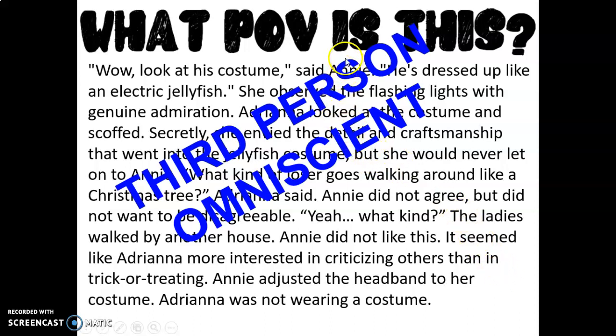We have Annie giving us her opinion and her feelings, but we also have Adriana giving us her opinion and her feelings. So we have third person. We're not getting information from a person who is being described here, but we are getting thoughts and feelings from both of these characters. So we have an outside observer or omniscient narrator.